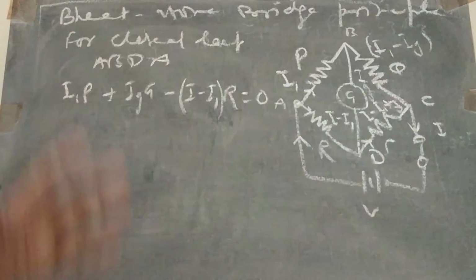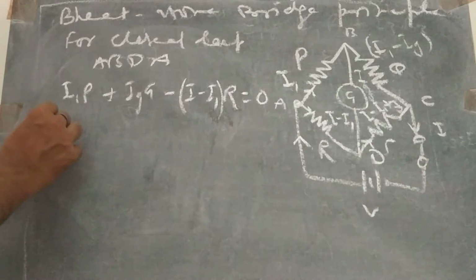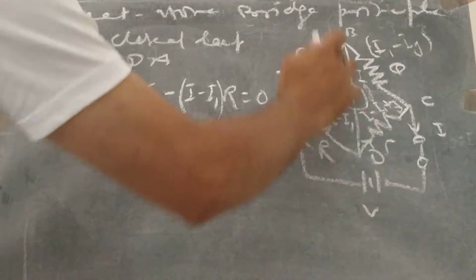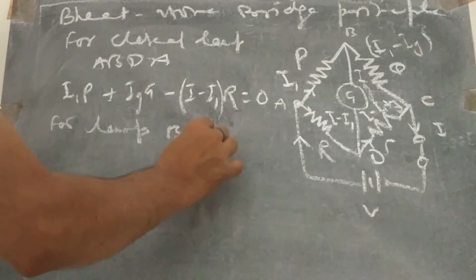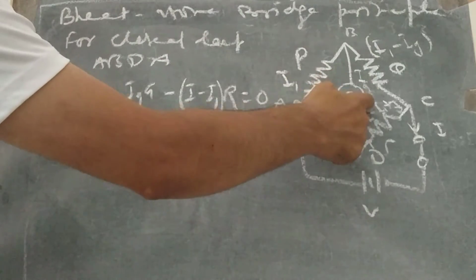Sum total of voltage is 0. Similarly for this loop, I1 minus Ig for loop BCDB, one closed loop, second closed loop.